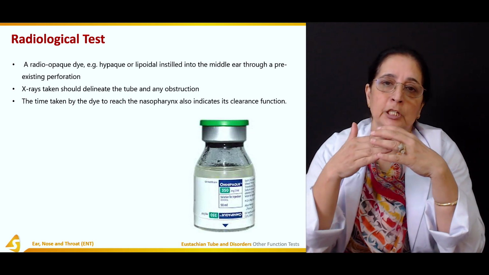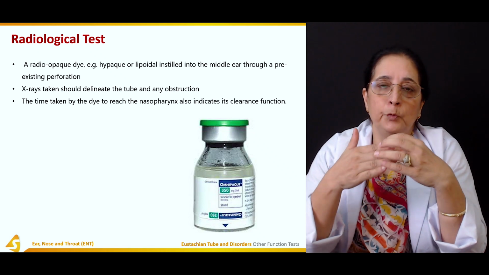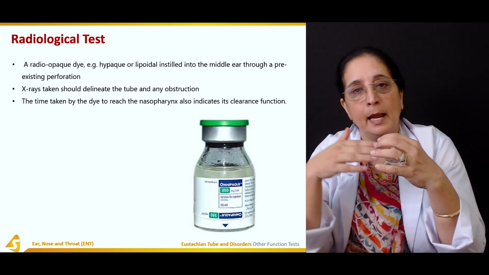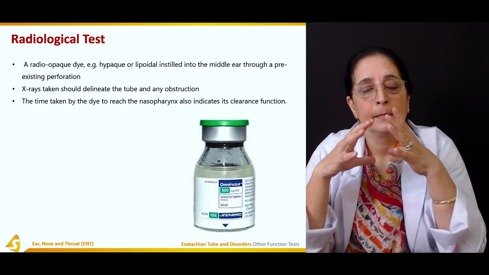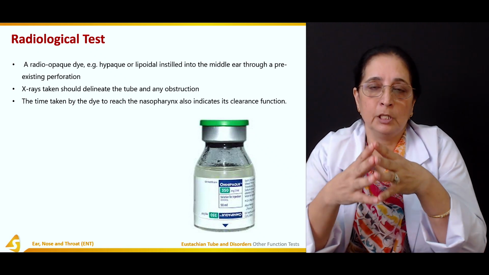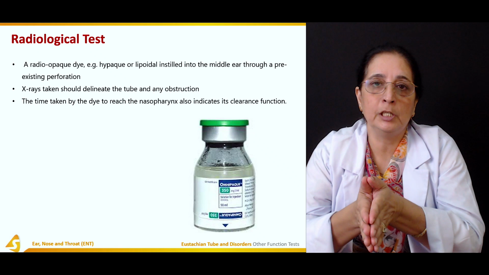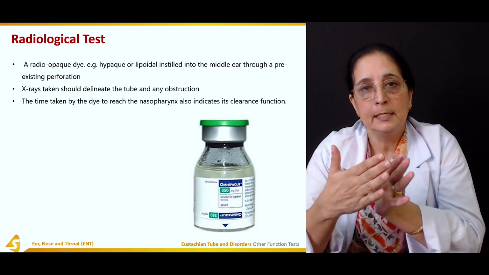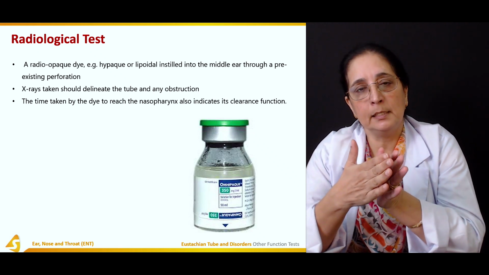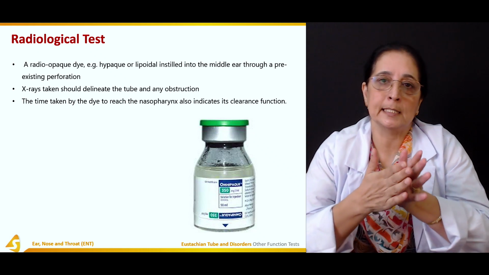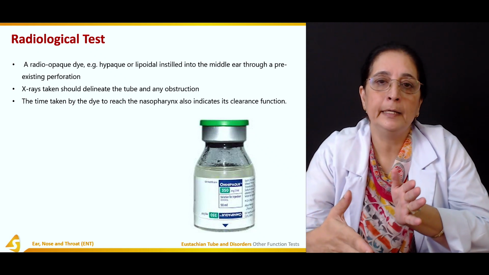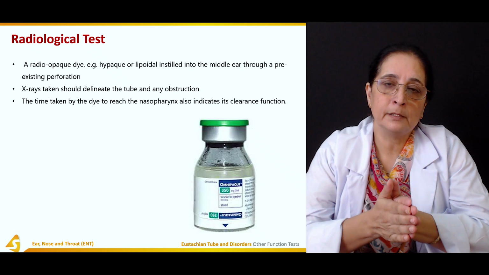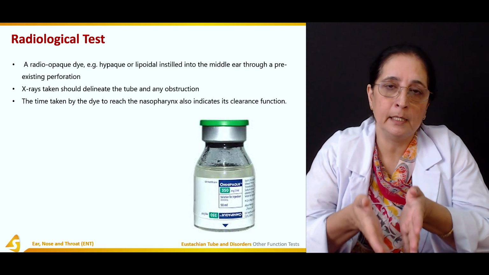The Eustachian tube is the connection between the middle ear and the nasopharynx. The tympanic membrane is the membrane between the external ear and the middle ear. If it's intact, we cannot put the dye in the middle ear.